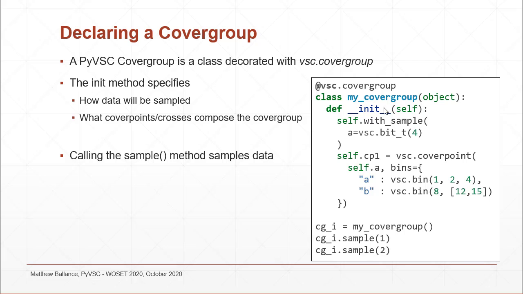The init method for a cover group class specifies both how data will be sampled, how we'll get data into the cover group, as well as the cover points and crosses that we'll use to collect metrics on that data. Sampling data for a given cover group instance happens when we call the sample method on an instance of a cover group class. So let's look at the two ways that we can get data into a class for sampling.